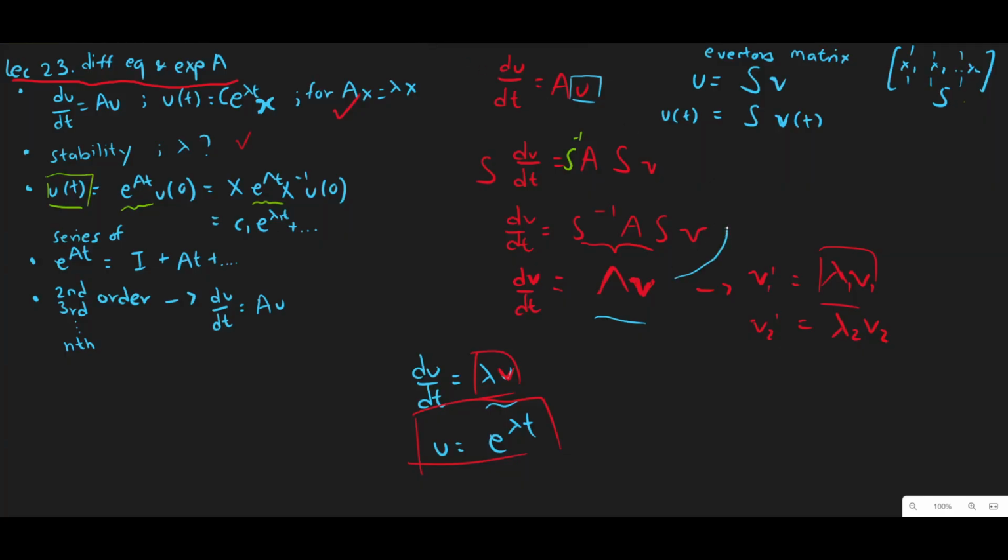So I have v, which is some constant, and the exponent to the power of lambda t. But now we are talking about vector, so let me bold that down, vector.